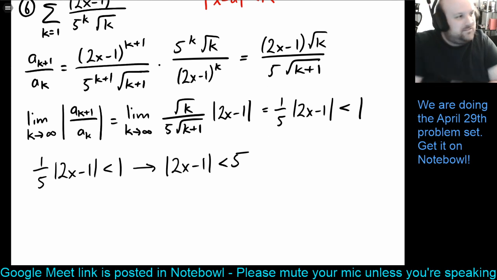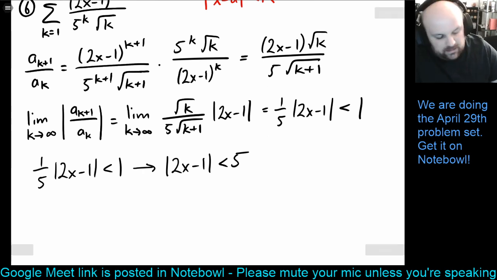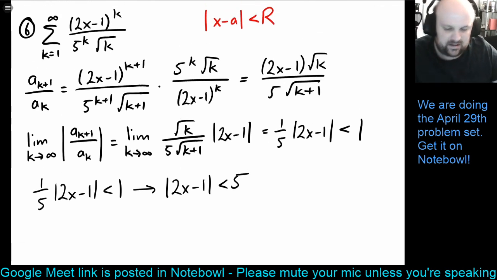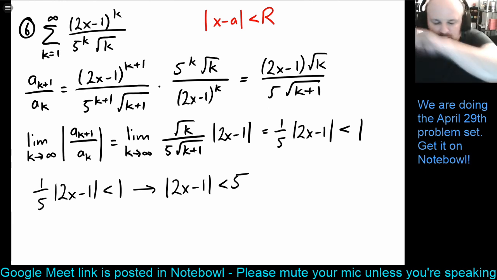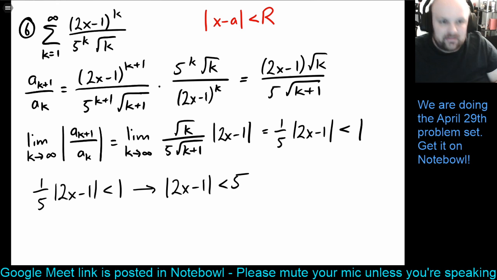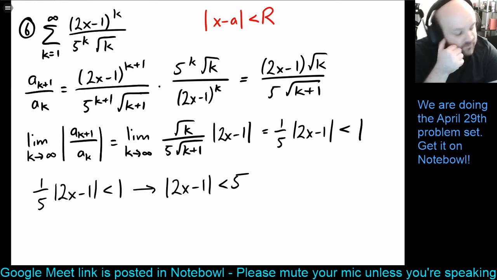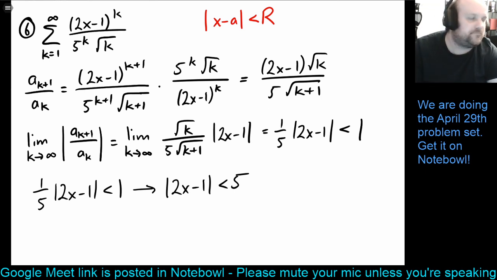Quite a few fake outs there. All right. Are we done yet? Is that ready? Are we able to say yet that the radius of convergence is 5?